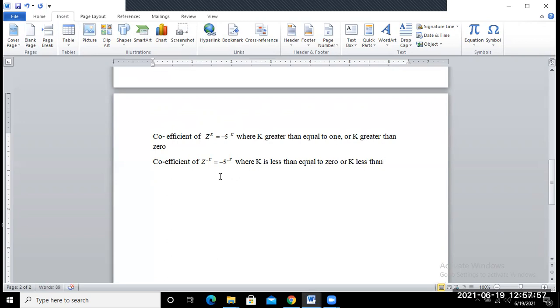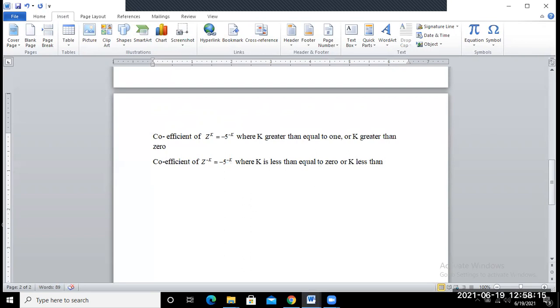So the z transform of z by z minus 5, when the magnitude of z is less than 5, is minus 5 to the power minus k.